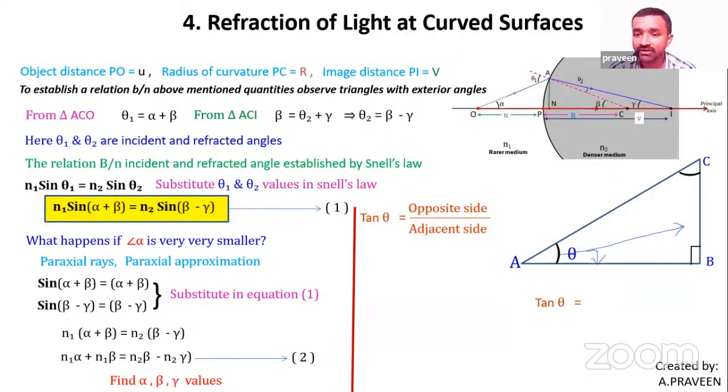So tan theta will be written as BC by AB.